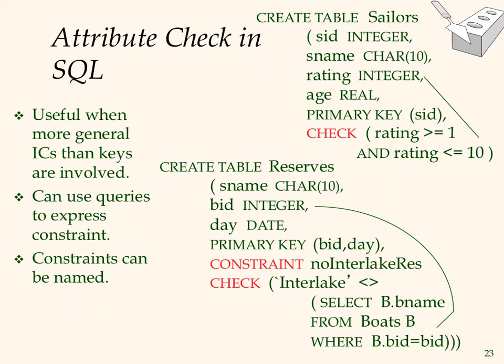So at the top here, you see what I just mentioned, where you create a table, you set up a primary key, and then you have the check constraint here. Oops, that didn't work. Alright, let me just use lines. Check constraint here.